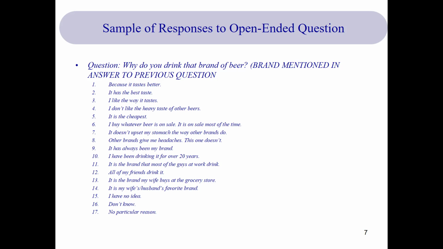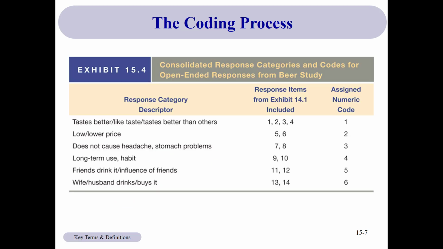Okay, so let's look at the coding that we saw previously, based on the 17 responses. We put them into 6 different categories, and then assign each category a numerical code: 1, 2, 3, 4, 5, 6.